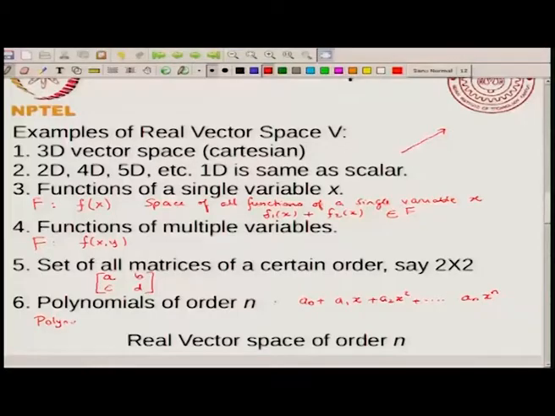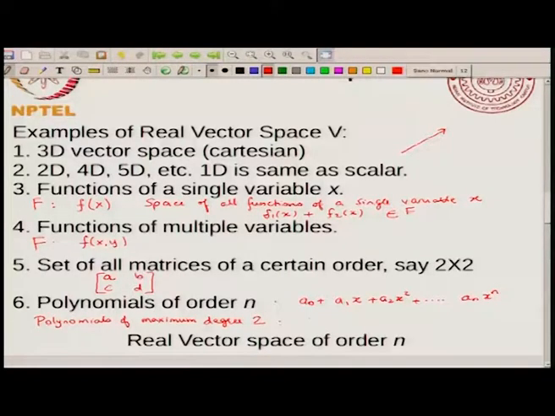Now you would intuitively realize, if you look at the space of polynomials, let's just look, for convenience, at polynomials of maximum degree 2.